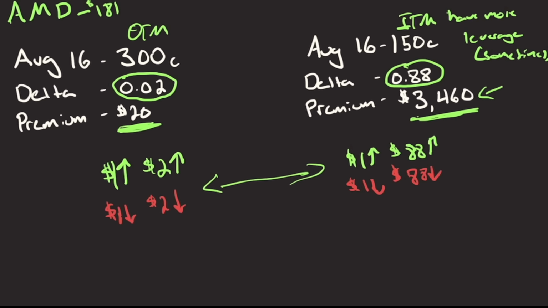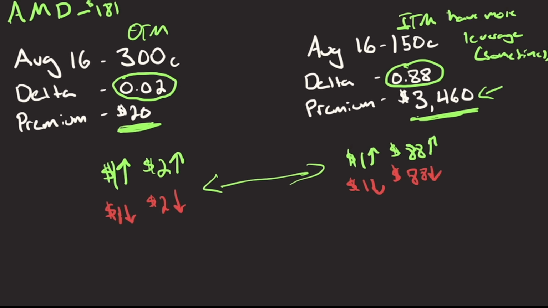But no, when you buy the option and exercise it, you're giving up the full value of the option. So you're giving up intrinsic value, which would leave you at net zero, maybe break even. But then you're also giving up extrinsic value, which has to do with time and volatility. So you're actually going to be at a loss. Anyway, let's not get too far off on a tangent here, but that's why it's so expensive.